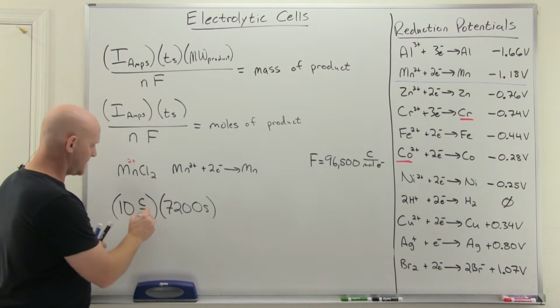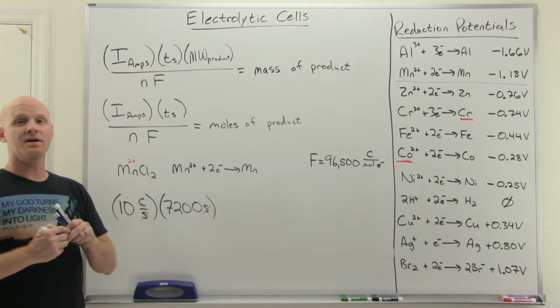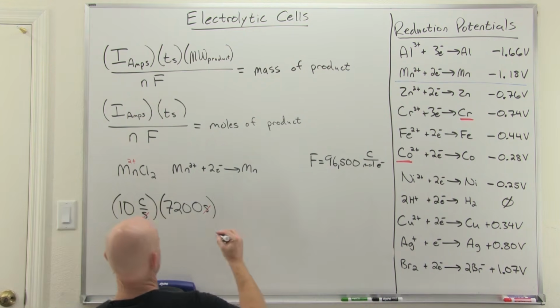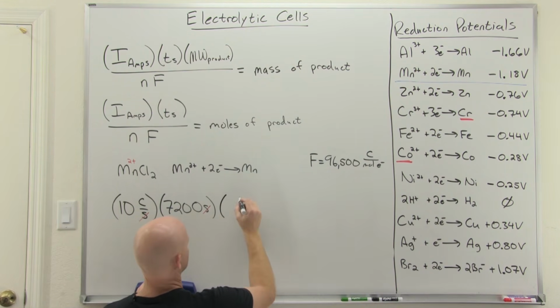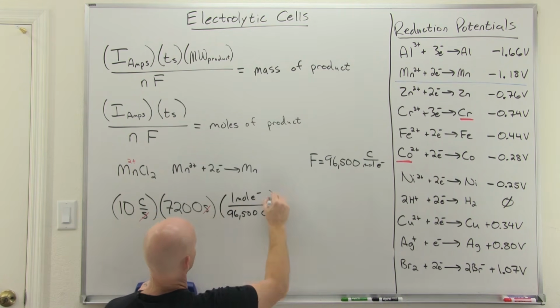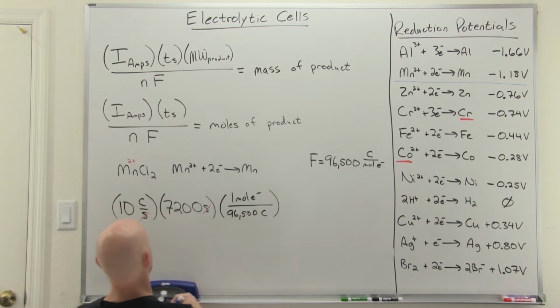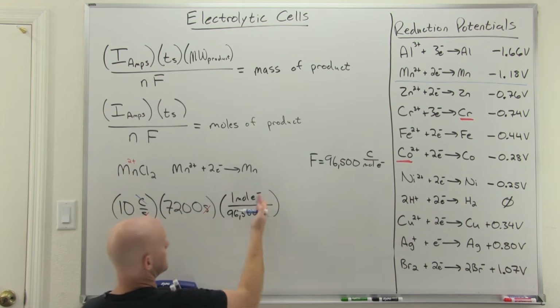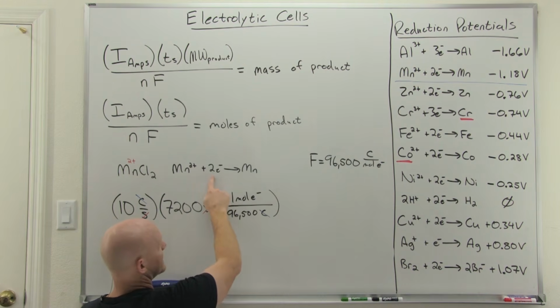At this point, we're going to get the total number of coulombs. To turn that into moles of electrons, I would take that 1 mole of electrons has a total of 96,500 coulombs of charge. Now we'd be able to cancel out the coulombs, and now we've got moles of electrons. Once we've got moles of electrons, I can relate that to moles of product just based on stoichiometry.